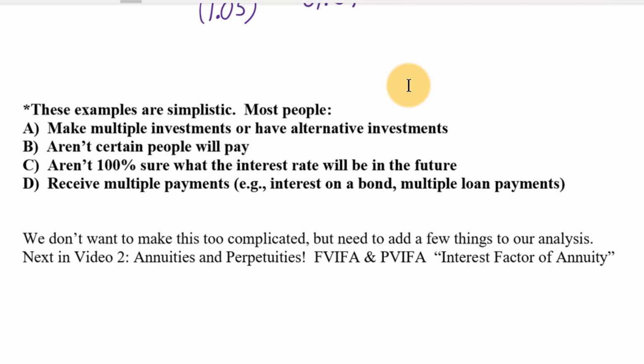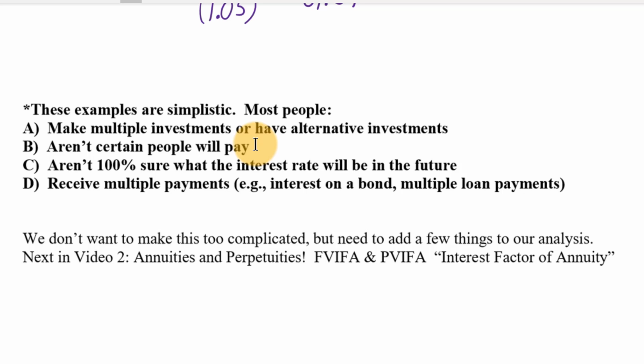So these examples are pretty simplistic. There are a few ways we could try to make this more realistic. First, a lot of people make multiple different kinds of investments, or they have different alternate investments, and maybe some of these investments are riskier than others. So a complete treatment should want to take those things into account. Also, we're not really certain that people will pay in the future.